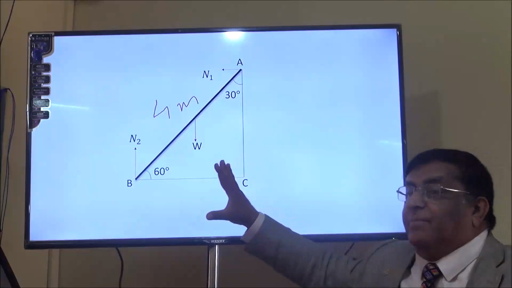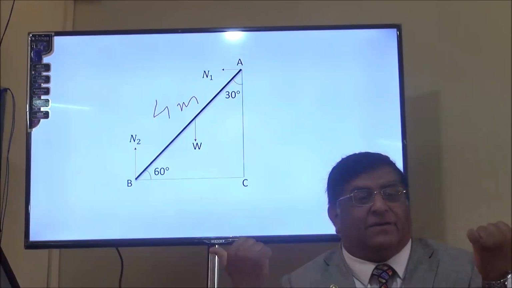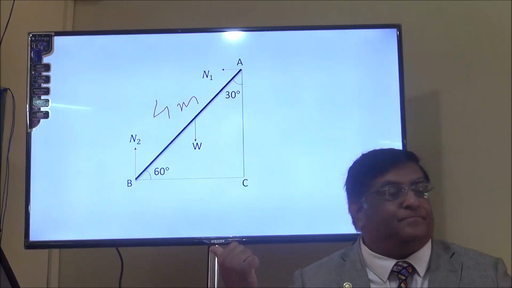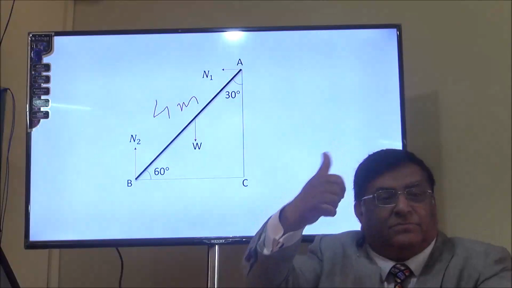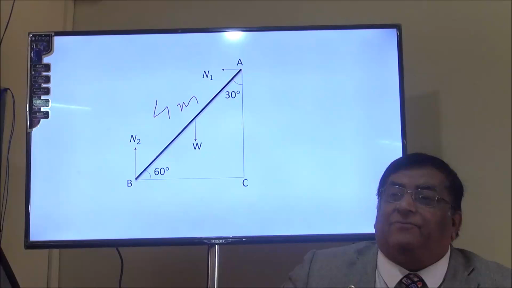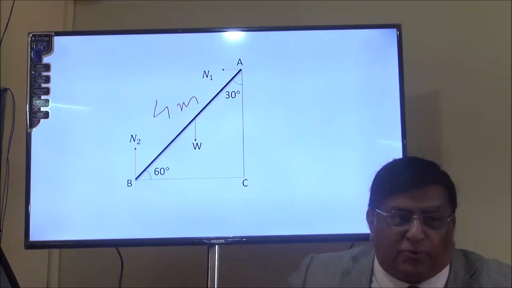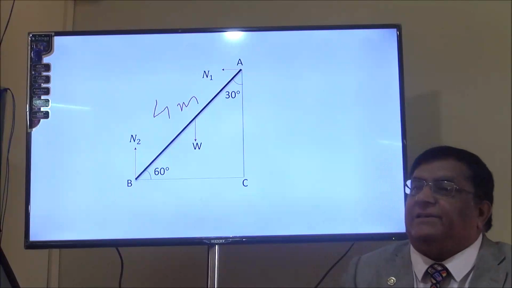So in this system, if I calculate forces acting this side and this side, those will be equal. If I find the forces up and down, they should be equal. That will give me equations. So this is one way of creating equations.